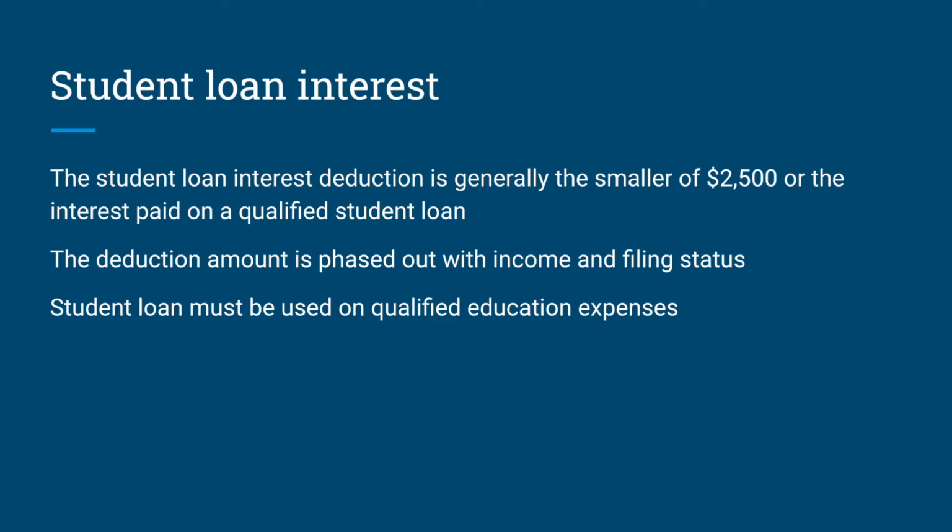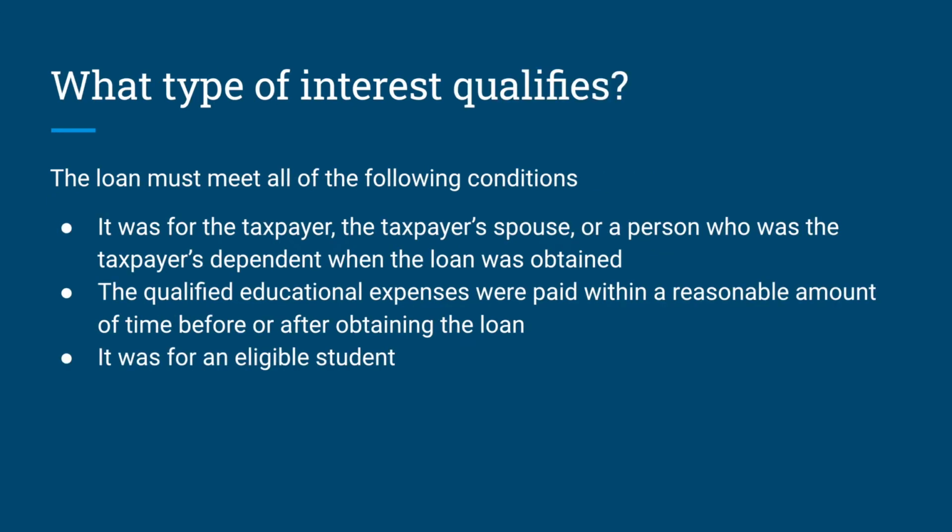So again, just to get across the big picture point, if you paid student loan interest, there's going to be a deduction for that, and it's important to be aware of that. Again, use publication 4012 to figure out the exact amount and make sure that the income and filing status are correct with regard to the amount that it generates as being phased out.